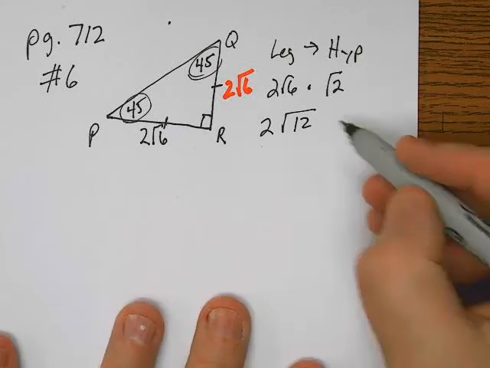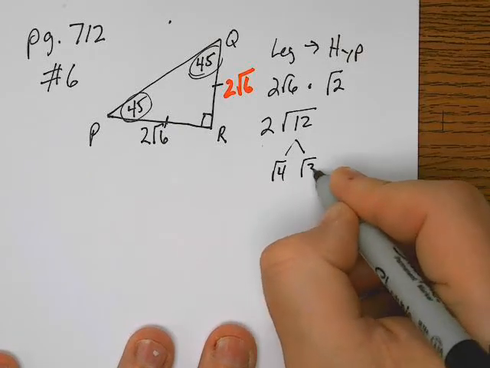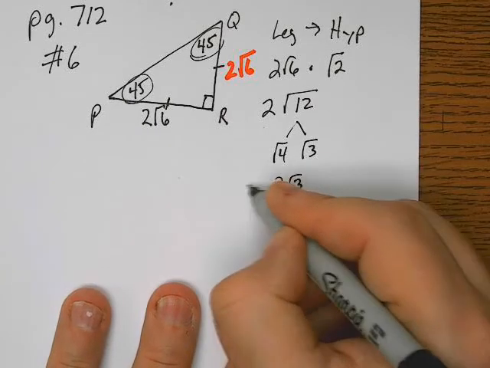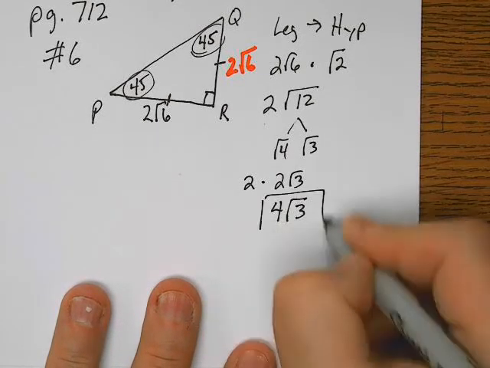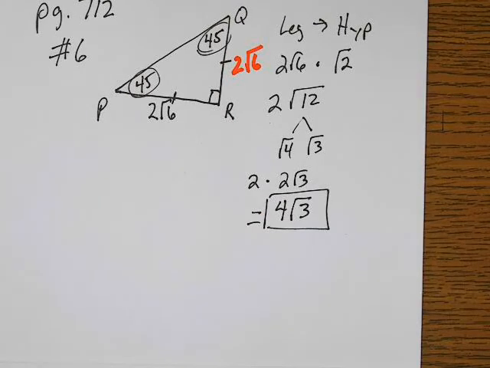So we have to simplify square root of 12. It's like the old factor tree. Square root of 4, square root of 3. 2 radical 3. Don't forget the 2 out in front. And so we end up with 4 radical 3. Did anybody get the correct answer? 4 radical 3. Not the decimal. Did anybody get 4 radical 3?